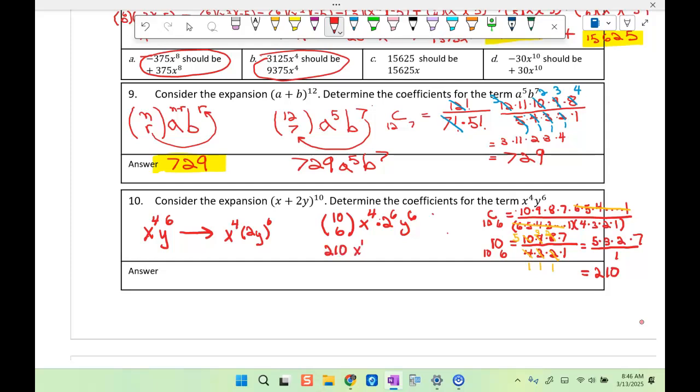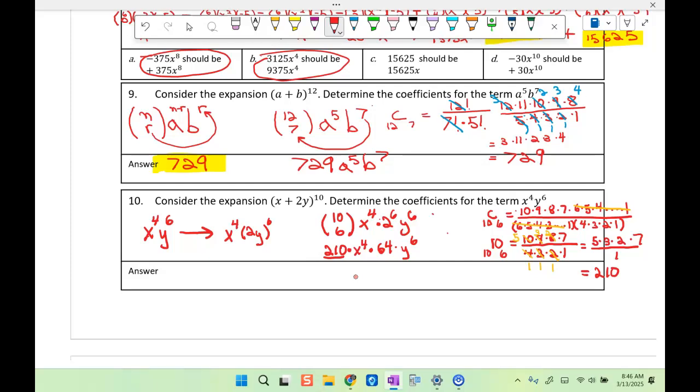And then I have x to the fourth times 2 to the sixth, which is 64, times y to the sixth.